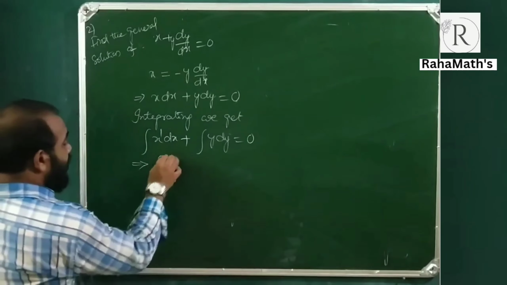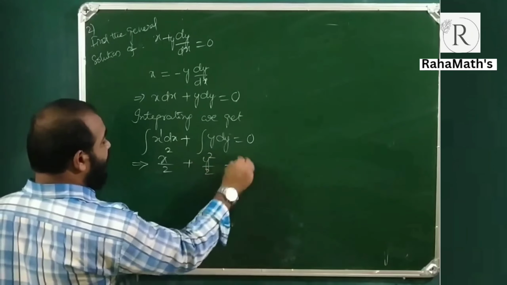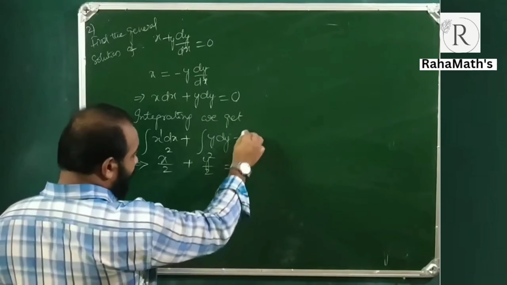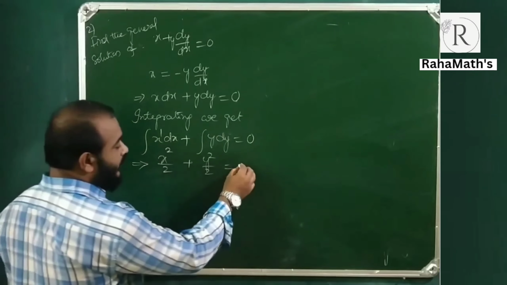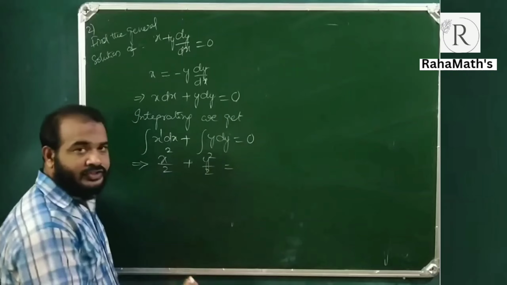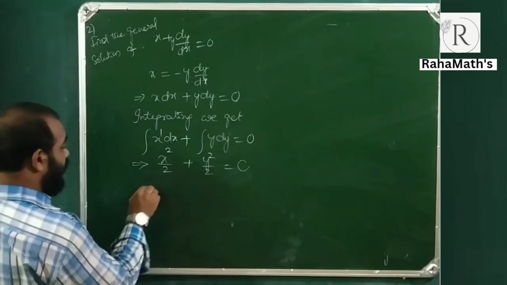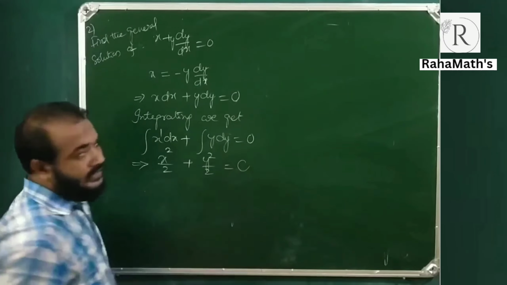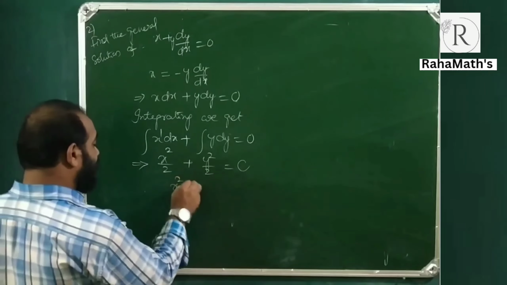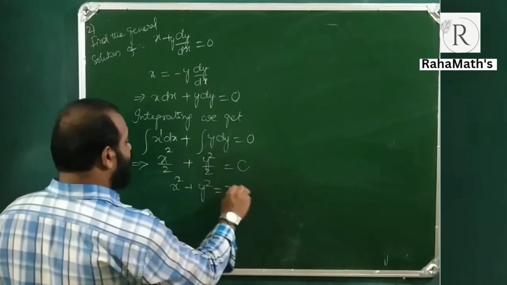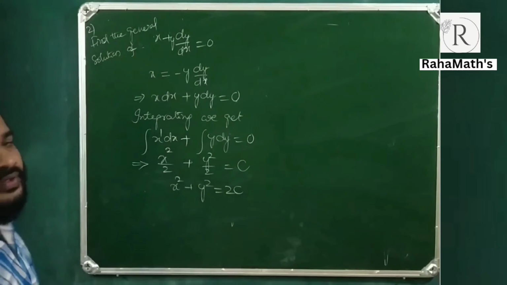So this is x square by 2 plus y square by 2 is equal to integral 0 dx. Actually, the constant of integration is what we get at the end. Let us write it as c. Therefore, if you take 2 as an LCM and transpose onto the other side, it will be x square plus y square equals to 2c, which is the required general solution.